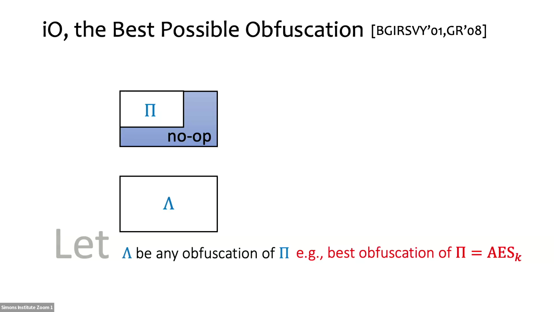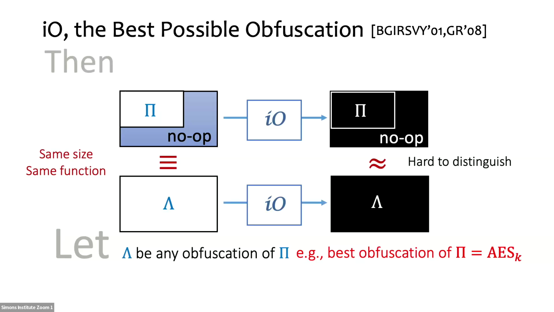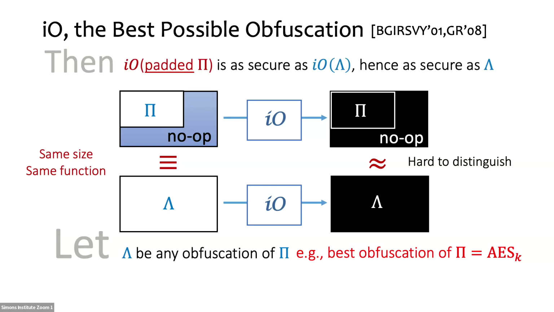Now, we can pad the program pi with a bunch of no-op operations to become the same size as lambda. Now, those two really implement the same function. And therefore, we can apply the IO security to declare that the IO obfuscated padded version of pi should be as secure as the program lambda to start with.